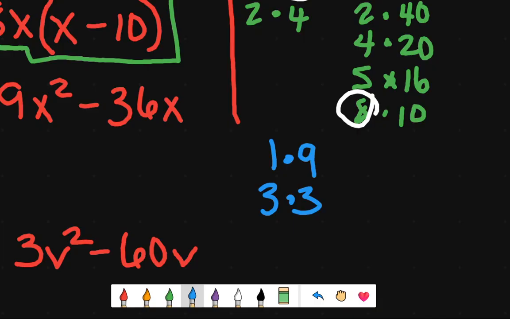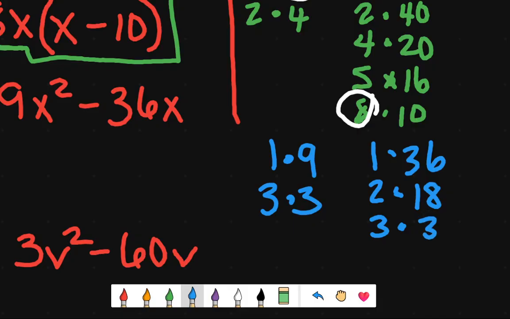Now let's go to 36. We have 1 times 36. We have 2 times 18. We have 3 times 12. And actually at this point you can stop, because, well, we can't stop, because we have to keep going all the way up to 9, right?